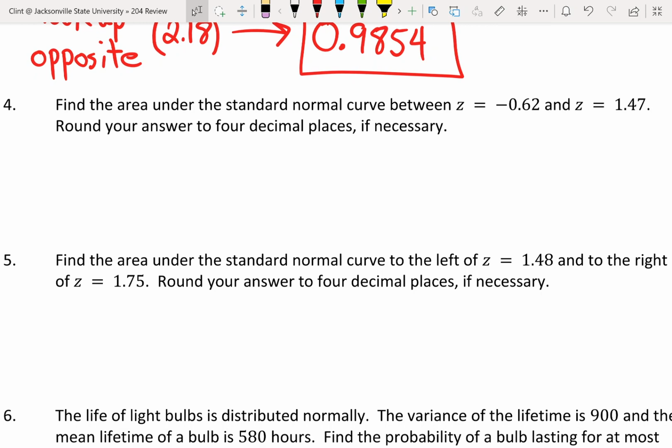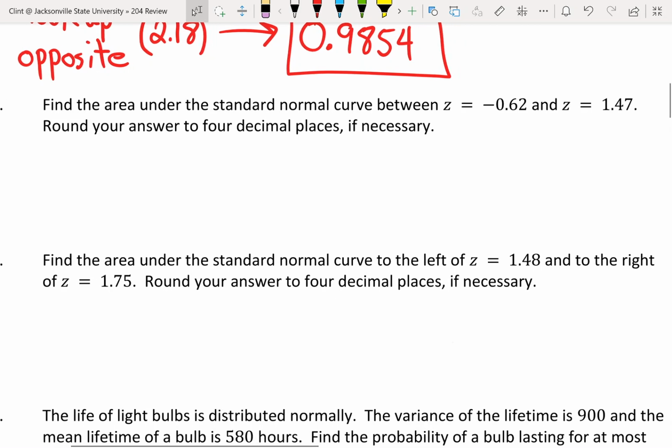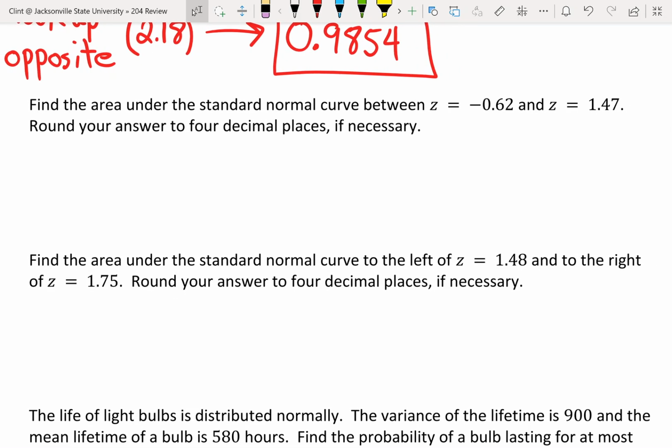Number 4 says find the area under the standard normal curve between negative 0.62 and positive 1.47. If we want the area between two z values, we look them both up just like they're written, and then we subtract the two areas. I'll look up negative 0.62 first.